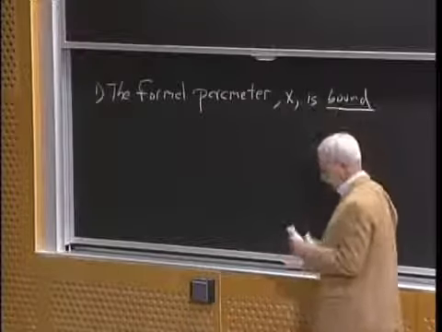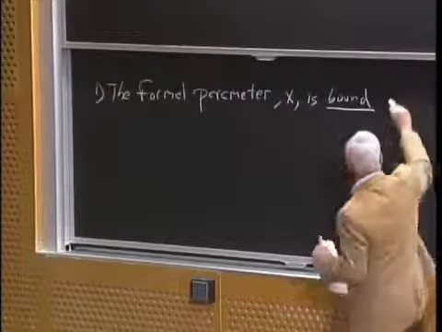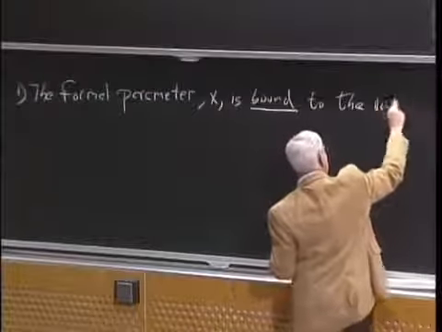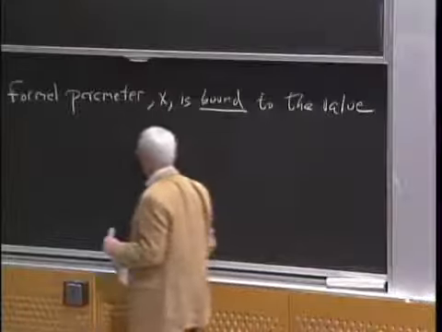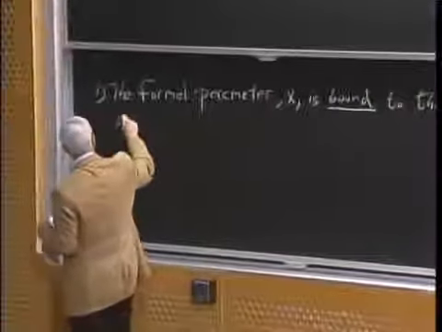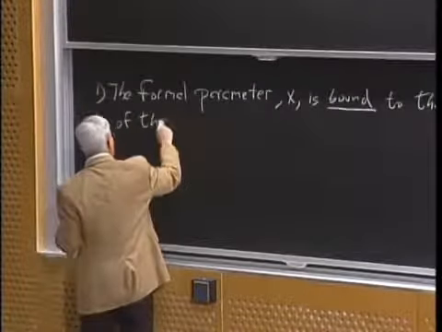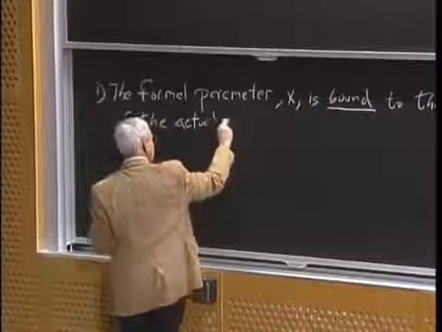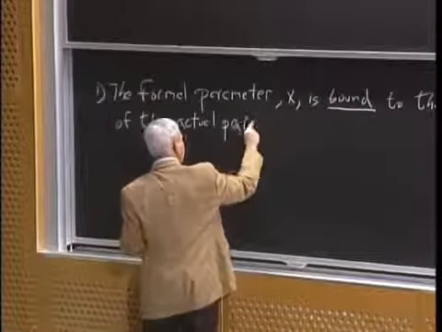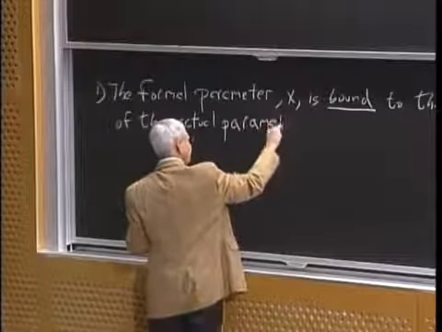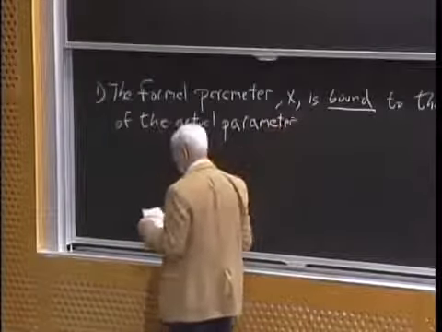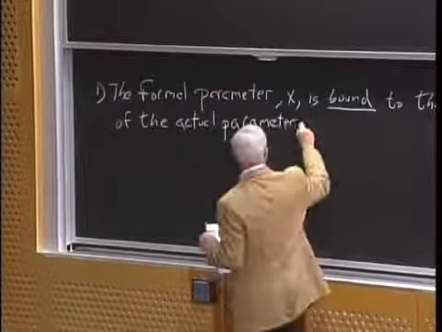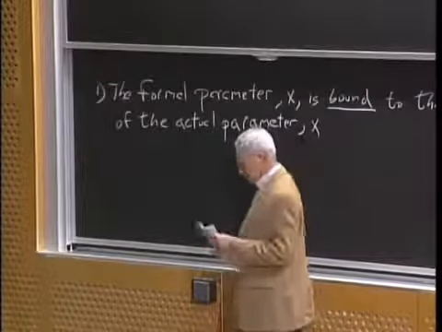That's a critical concept here, to the value of the actual parameter. So these are important terms, actual and formal, which in this case also happens to be called x.